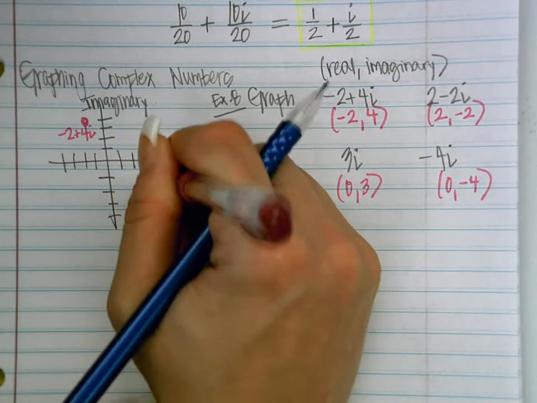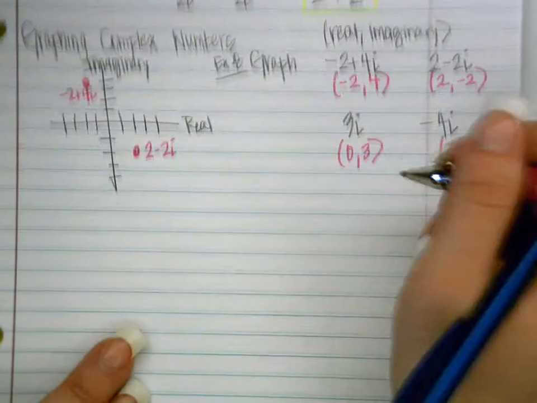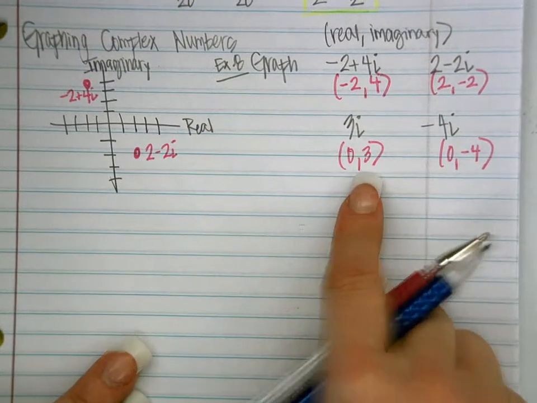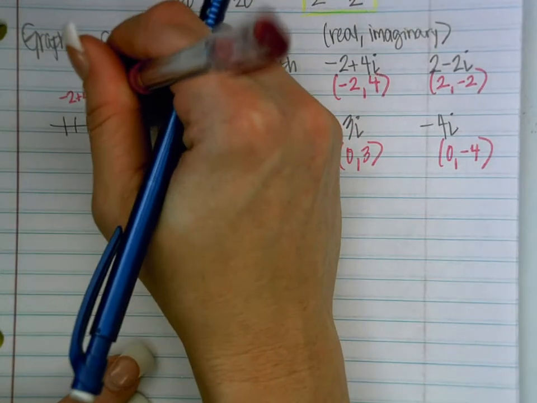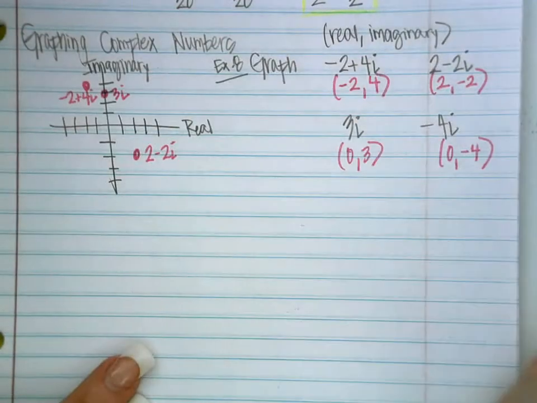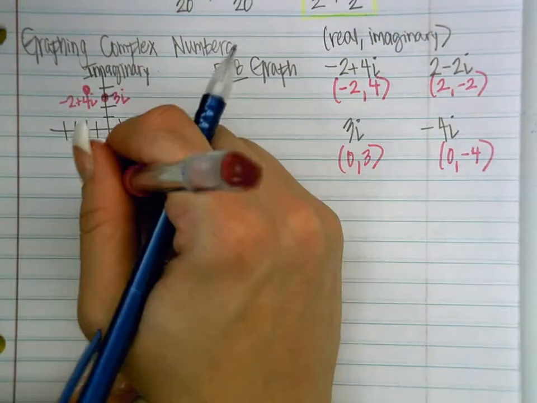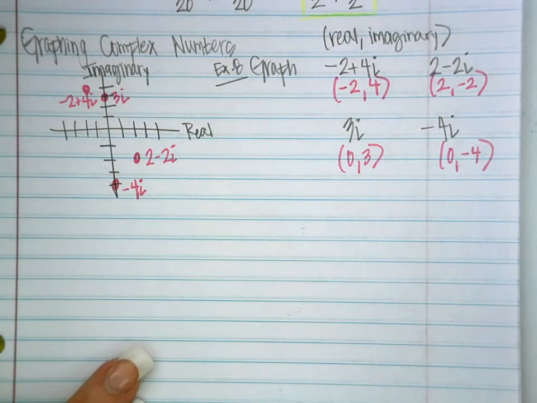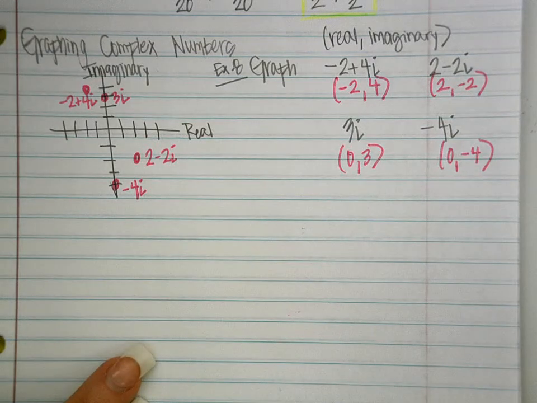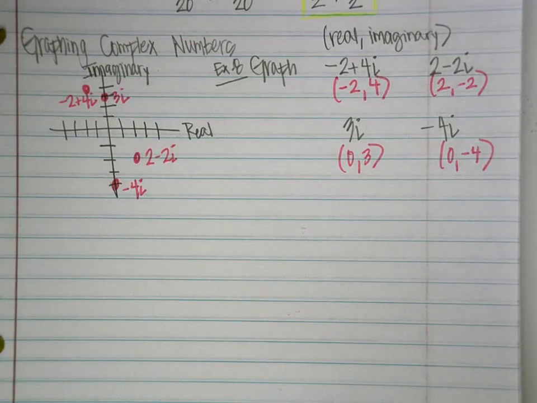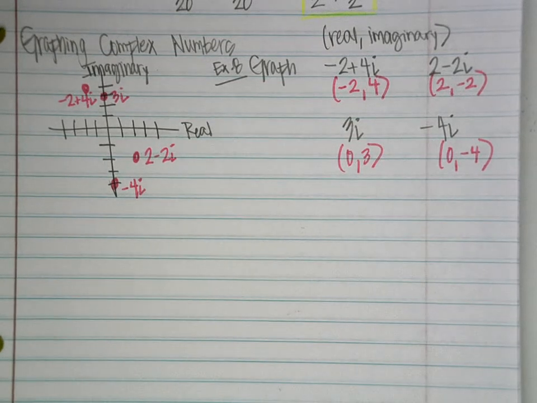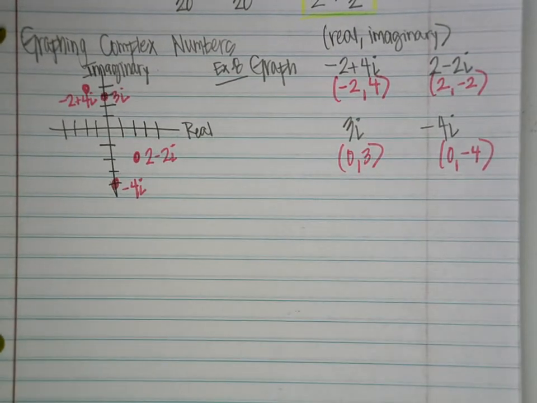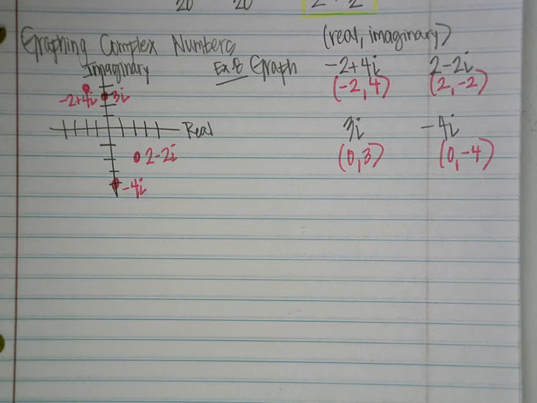And we don't write these in parentheses. Okay. 3i would be over 0, up 3, so that's 3i. And -4i is down here at -4i, just like that. That's how we graph complex numbers. Questions on how I did that? Everybody caught up to here?